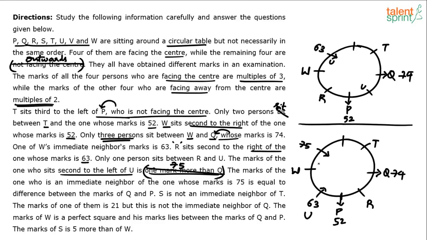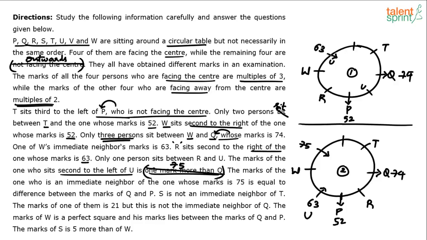So with respect to case 2, it's done. Look at case 1. If U is here, second to the left of U, it could be this or this, both are possible. That should be 75. If U is here, first and second, then this should be 75. So with respect to case 2, there is only 1 possibility, but in case 1, we have got 2 possibilities.